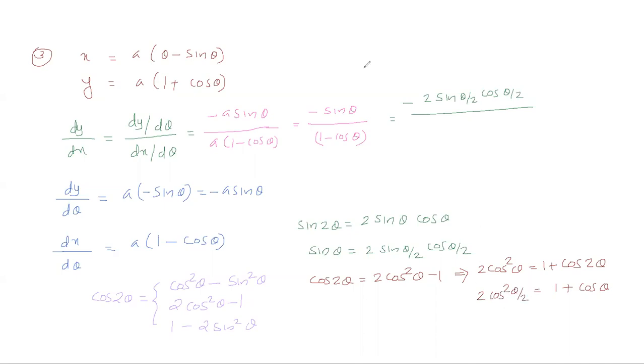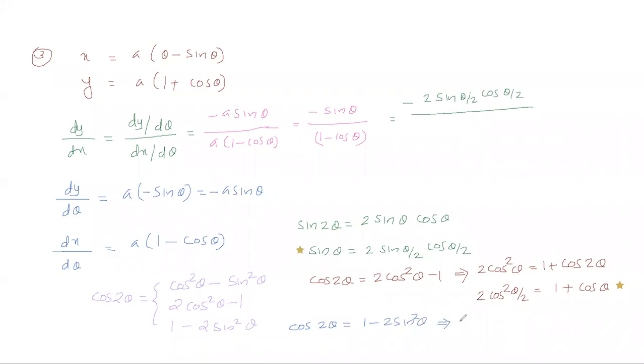So these are some important substitutions. In many problems, you have to substitute 1 plus cos theta with 2 cos square theta by 2. Similarly, in place of sin theta you can substitute 2 sin theta by 2 cos theta by 2. Also, if you use the third result, cos 2 theta is equal to 1 minus 2 sin square theta.